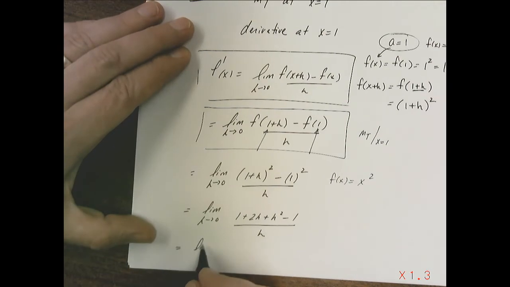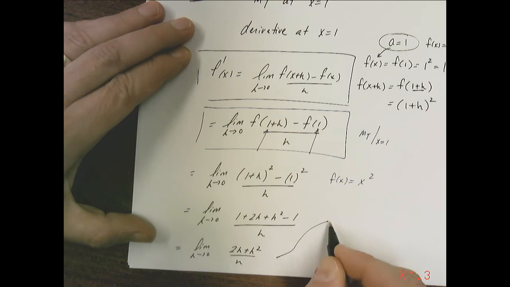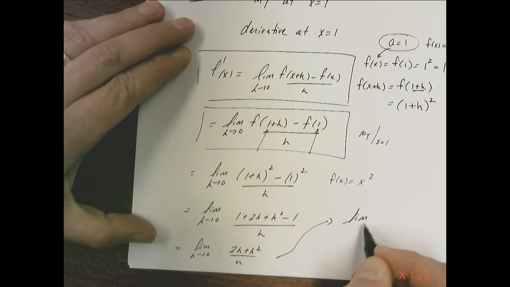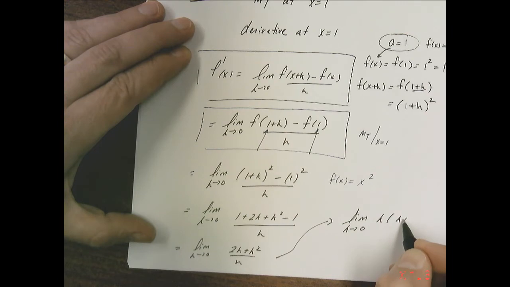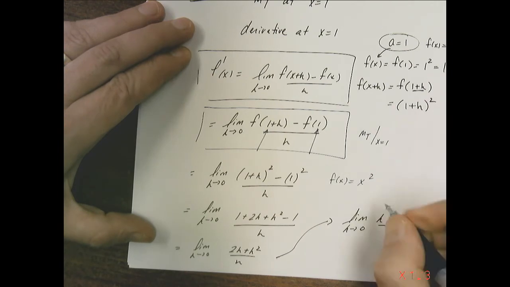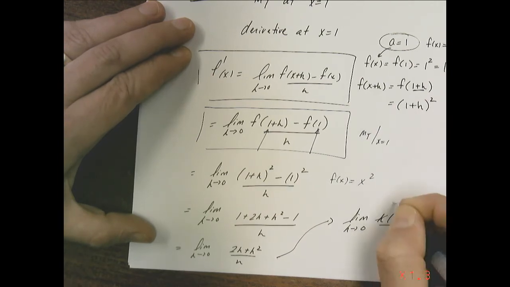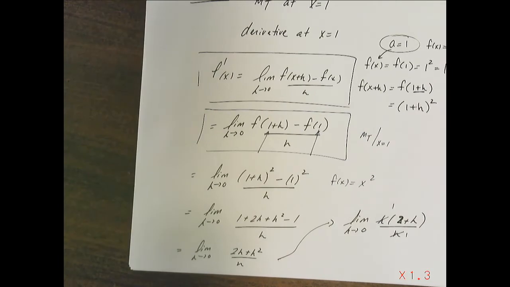Moving forward, that'll be the limit as h approaches 0 of 2h plus h squared over h. I'm running out of room, so I'll bring it up here. Limit as h approaches 0 of, oh no, that should have been a 2 plus h over h. These will reduce.